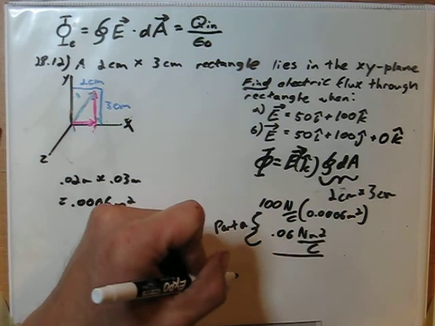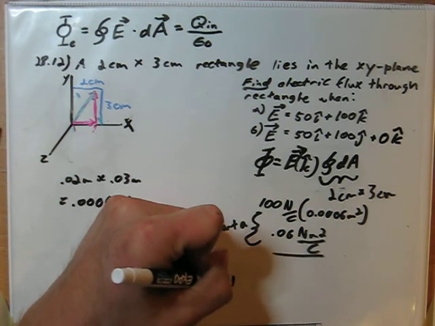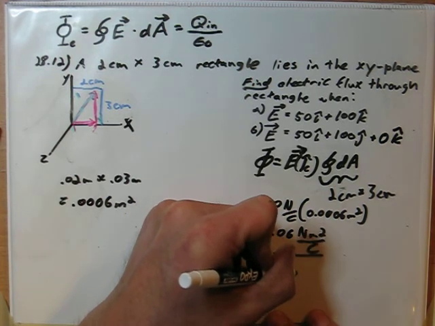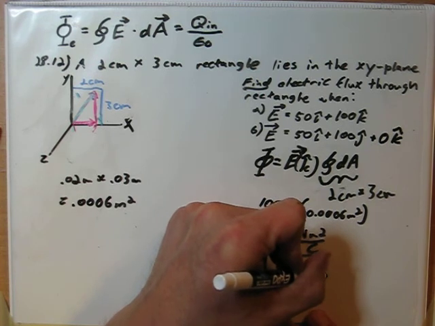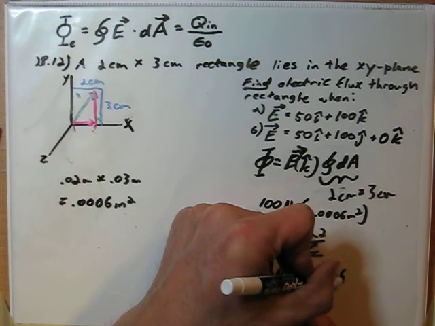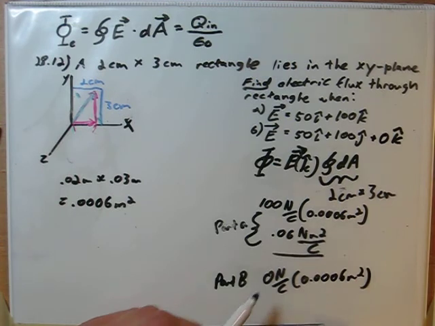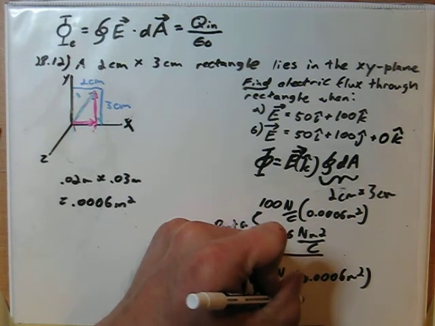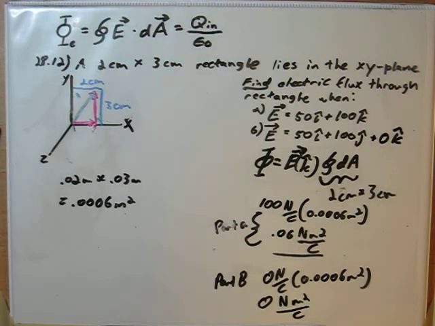We could actually just write that down here, part B: 0 newtons per coulomb times 0.0006 meters squared, because that's our k hat, ends up being 0 newton meters squared per coulomb, because there's nothing normal to the surface. So those are the answers and explanation of problem number 12. I hope that answered any questions anyone has.